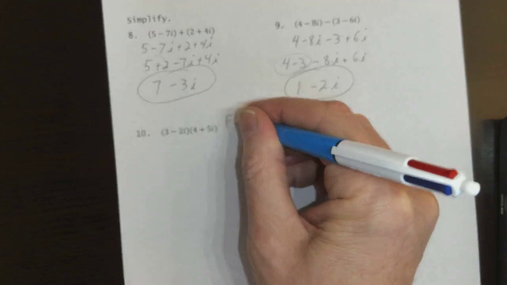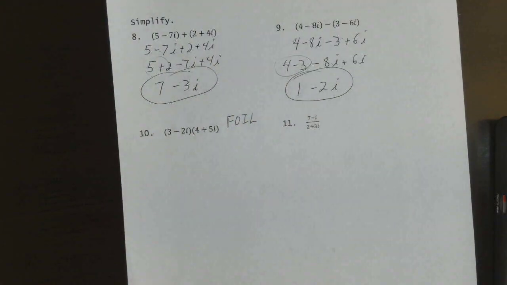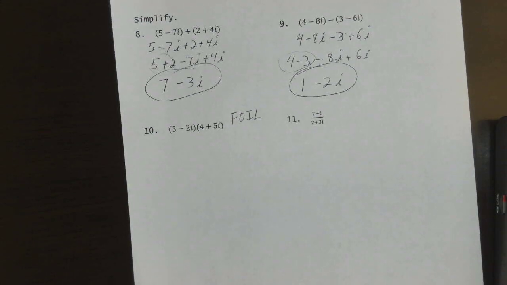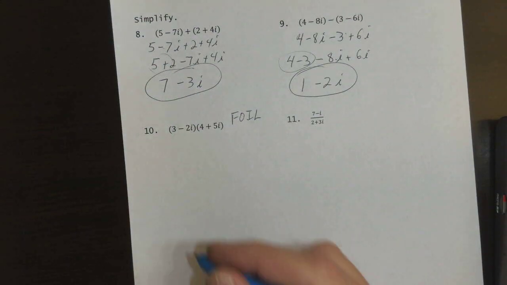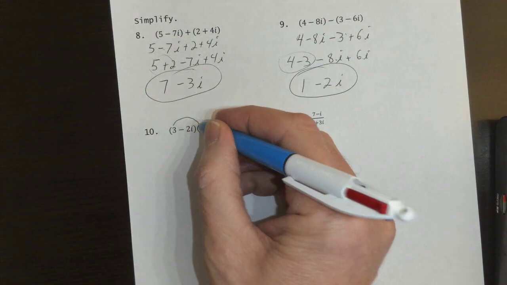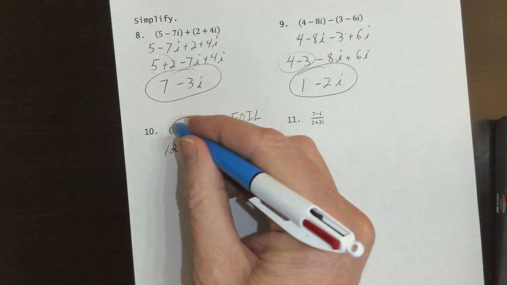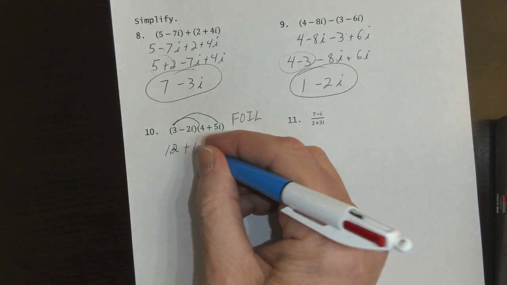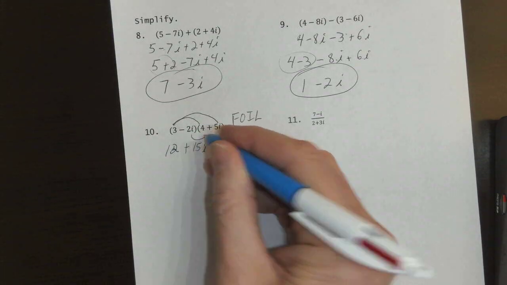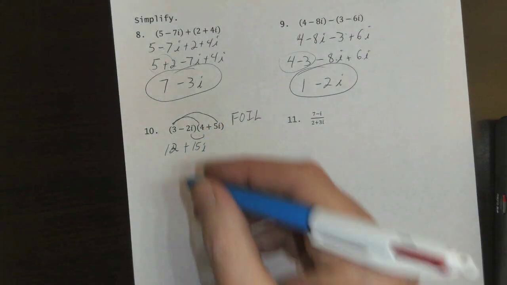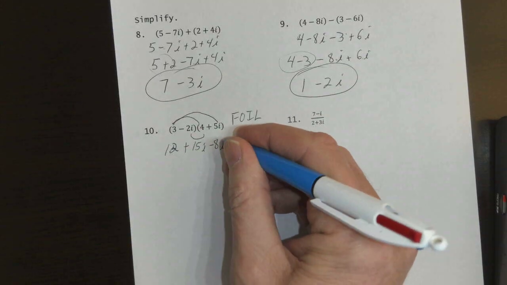This one, when you have to multiply complex numbers, we're probably going to FOIL. So 3 times 4 is 12. That's first. Outside, 3 times 5i is 15i. Inside, negative 2i times 4 is negative 8i.